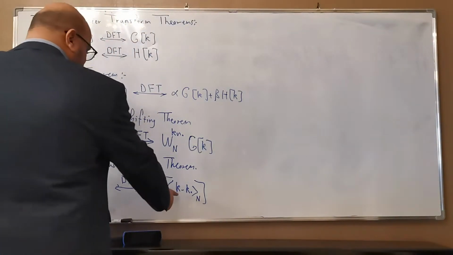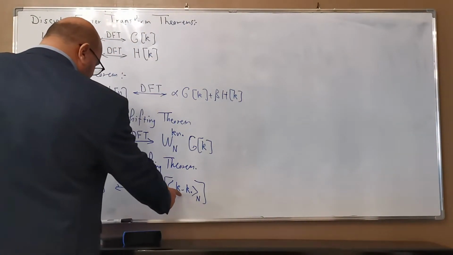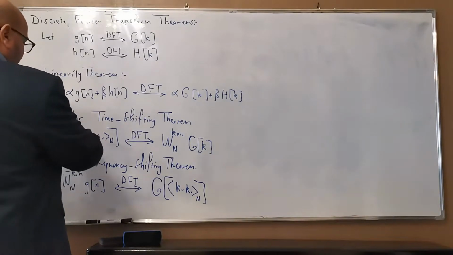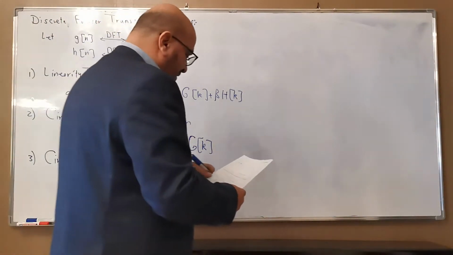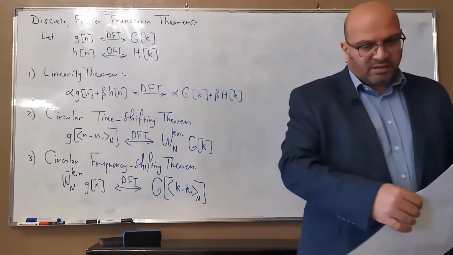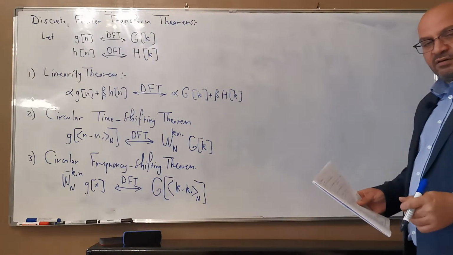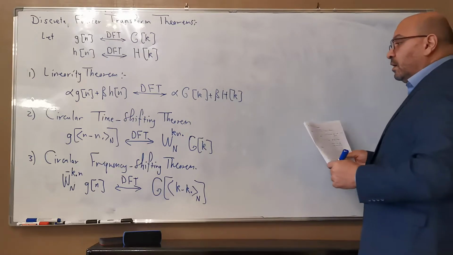So shift in frequency, phase shift in time; shift in time, phase shift in frequency. Okay? And this is something that I think most of you know from signals and systems.